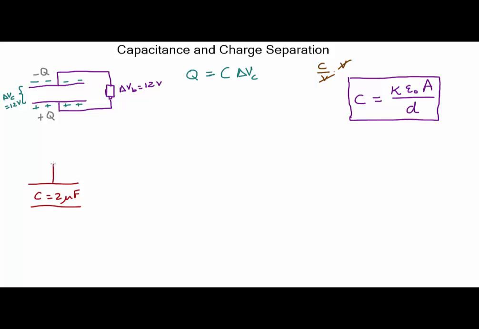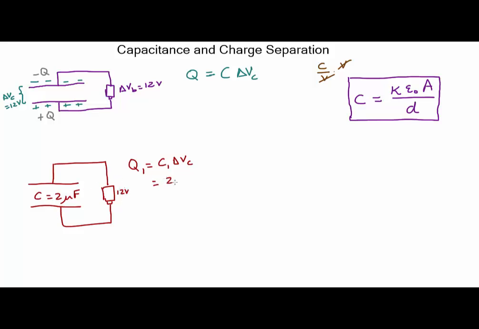If I connect this capacitor to a 12 volt battery, I can now determine, using the new equation, how much charge needs to be separated. Using my equation, I can say Q1 for this capacitor equals C1 times delta V_C, and delta V_C will get to 12 volts when it's fully charged.